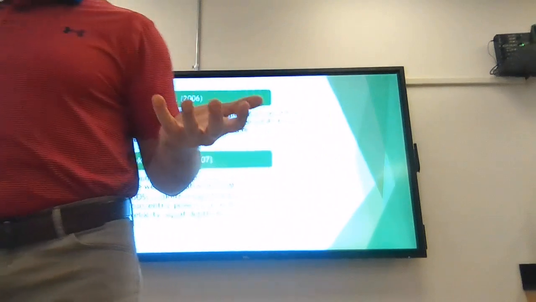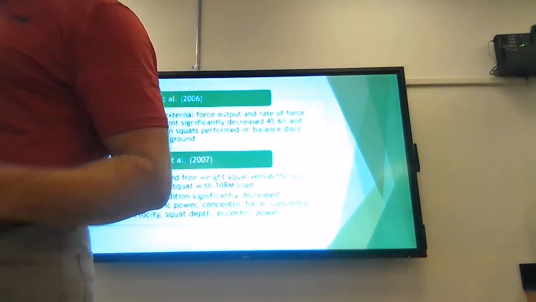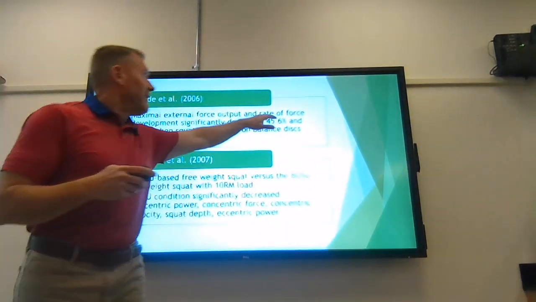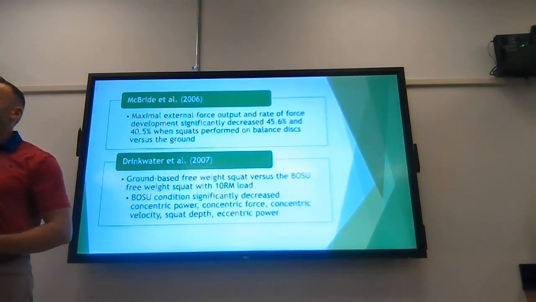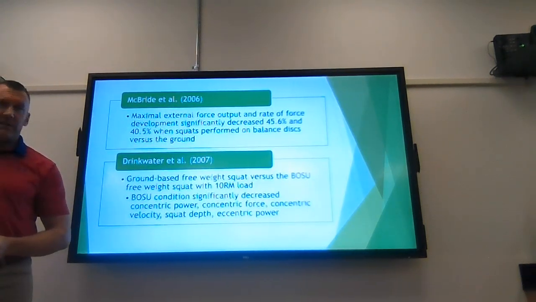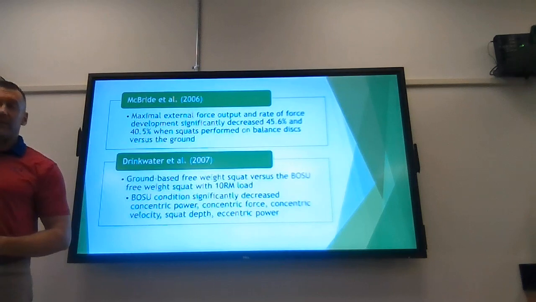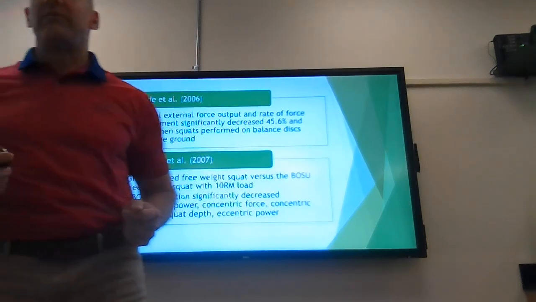Both cars can go 60 miles per hour. My minivan can go 60 miles per hour. But am I going to enter it in a race? No, because the rate of force, or we could say the rate of acceleration, is the key factor. It's not how strong you are, but how fast you can apply strength that is the key factor. Because sometimes you only have about 1/10 of a second to apply force.